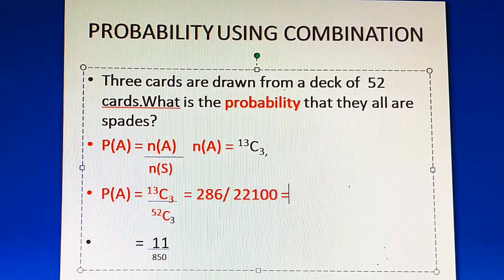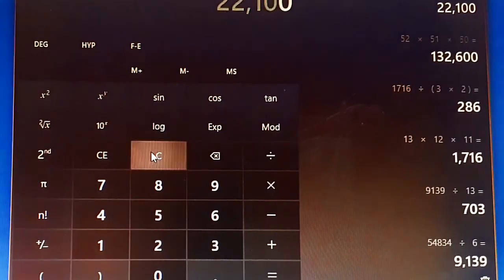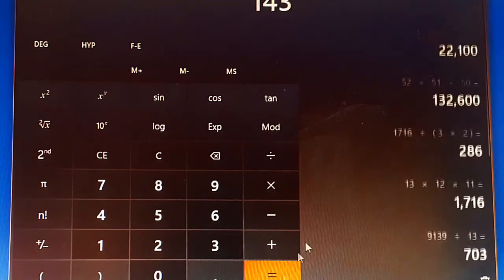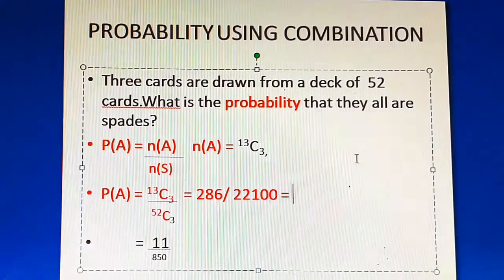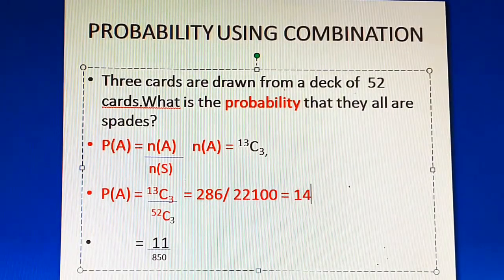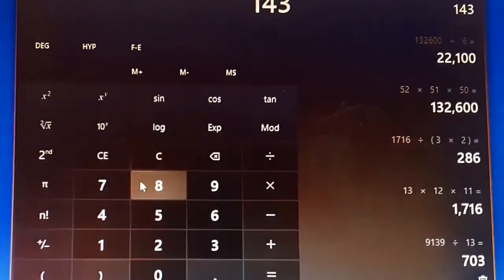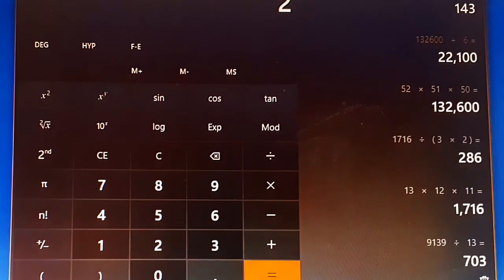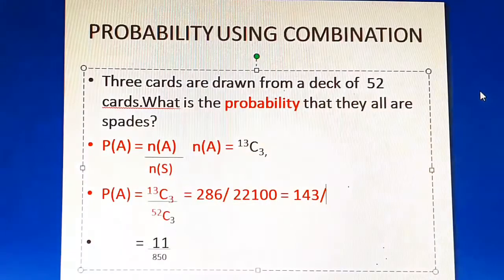If you want, we can try. 286 divided by 2 will give you 143. 22,100 divided by 2 will give you 11,050.